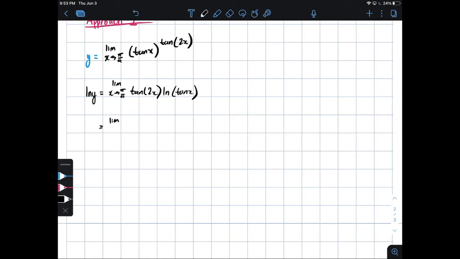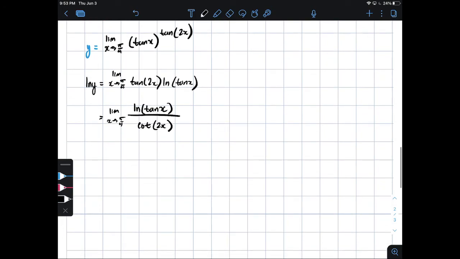So we're going to have limit as x approaches pi fourths. And then the easiest way to do this would just be to make the tangent 1 over cotangent. So we'll have ln tangent x over cotangent 2x. And now we can see that this is going to be 0 over 0. And because of 0 over 0, we can use L'Hopital's rule.